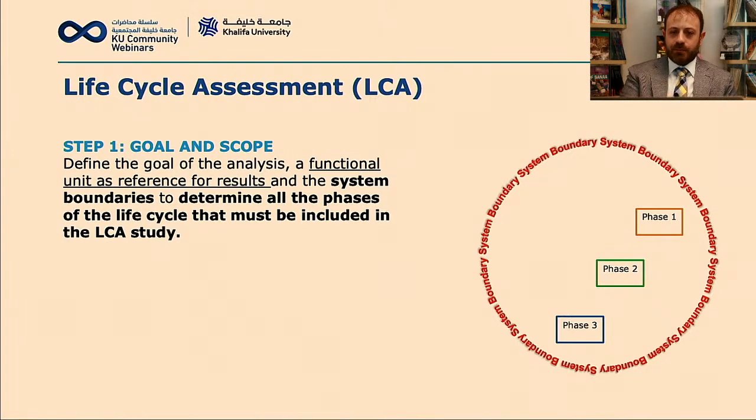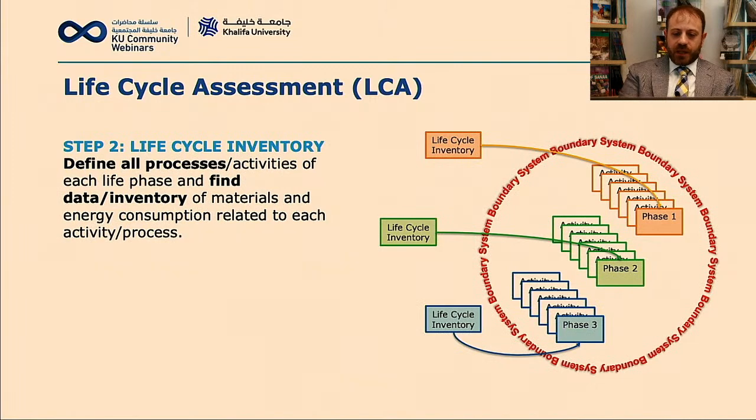When the system boundaries are in place, the second step of the analysis is the life cycle inventory. In this particular step, we go into each phase and we understand what are the activities that are composing each one of these phases. And for each of these activities, we collect information regarding materials, energy consumption, and machines that must be used in each of these activities.